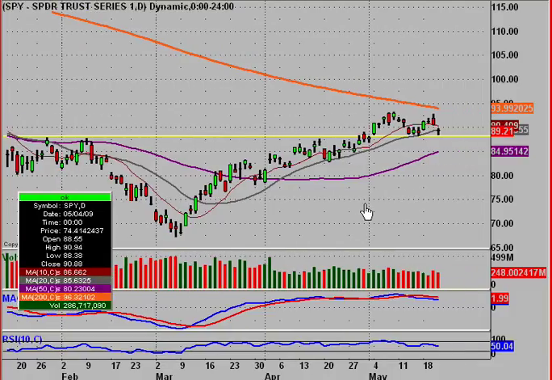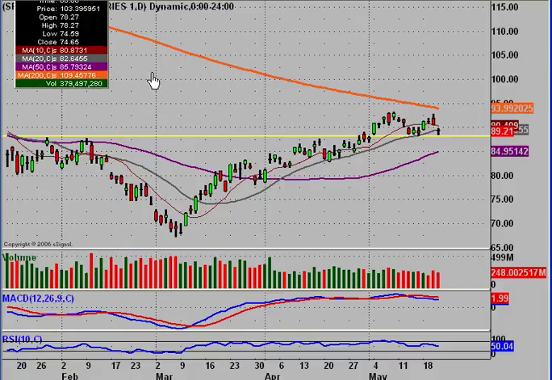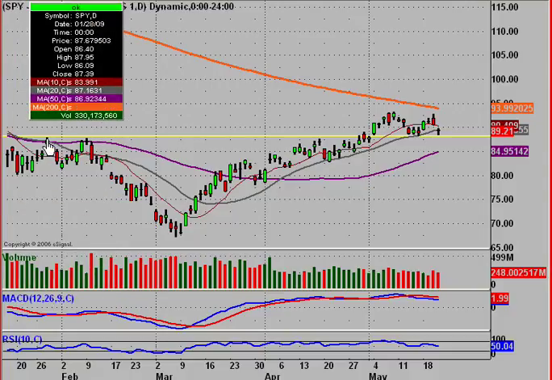Once again, we are talking about this approximate $88 region. The high of this candle right here was 87.95. High of this one was 87.74. High of that was 87.65. The highs of these ones were all right around 88. So the point being, this $88 level is really key.